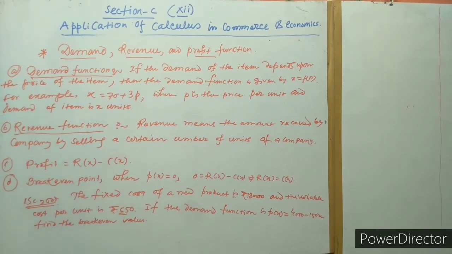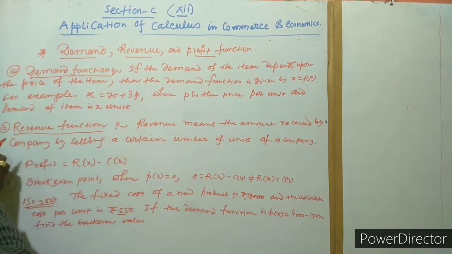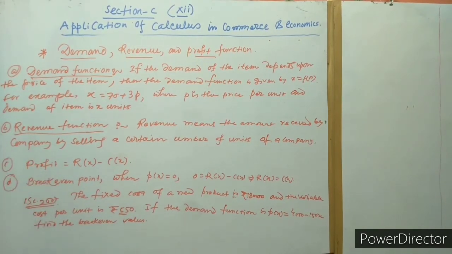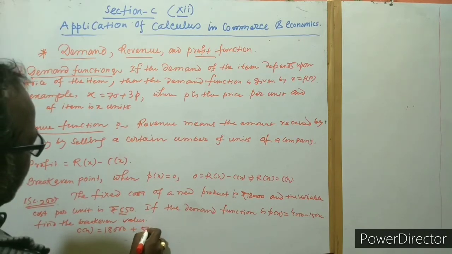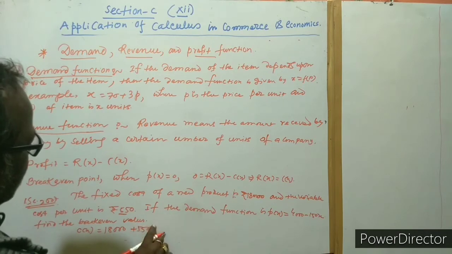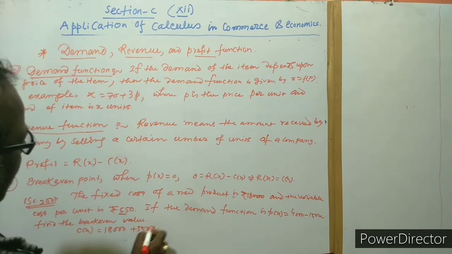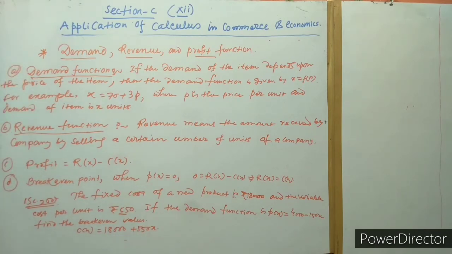Therefore we have to find the cost function. The cost function is C of x, the fixed cost 18,000 plus the variable cost 550, the price per unit, multiplied by the number of items, let us assume x. So this is your cost price.